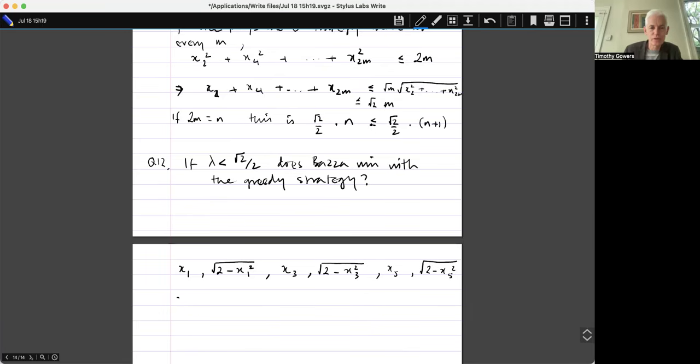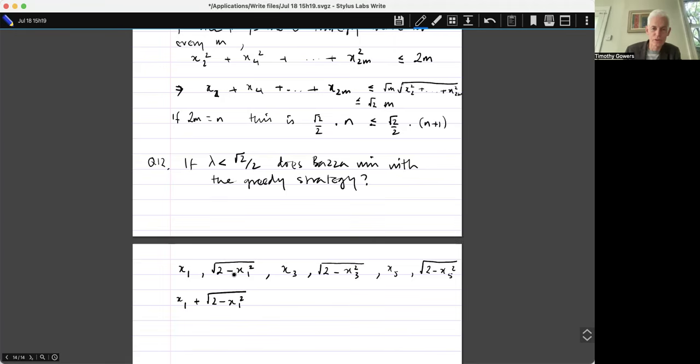So then we have x1 plus the root of 2 minus x1 squared, bearing in mind that x1 can't be as big as root 2 because lambda is meant to be smaller than root 2 over 2. So x1 is definitely smaller than the square root of 2, and therefore the inside of this is definitely not negative.